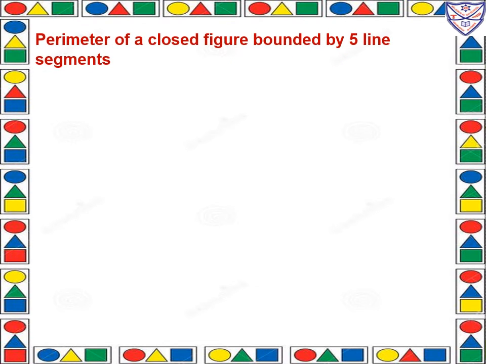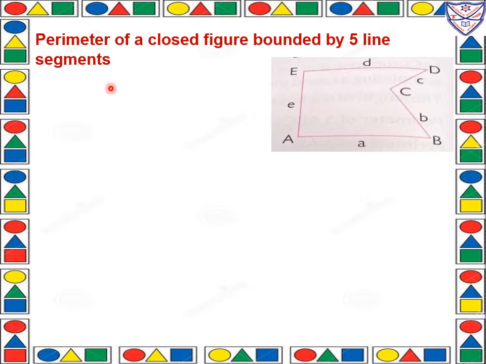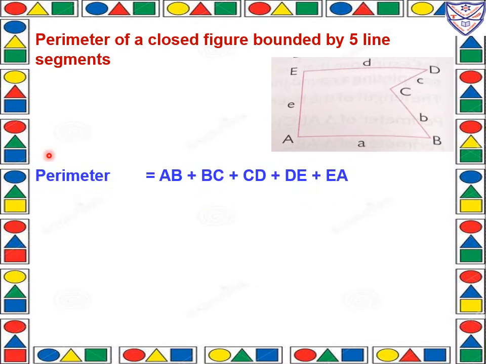Next, the perimeter of a closed figure bounded by 5 line segments. Now we will see the perimeter of a 5 line segment figure. The perimeter equals the sum of all sides: first AB, then BC the second line segment, then CD the third, then DE the fourth, then EA the fifth line segment.